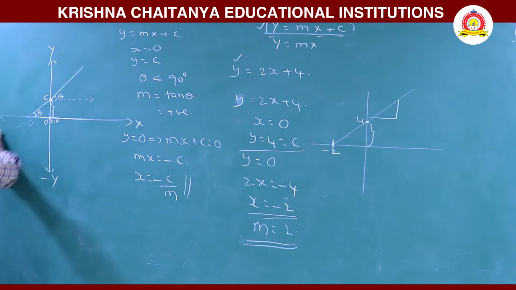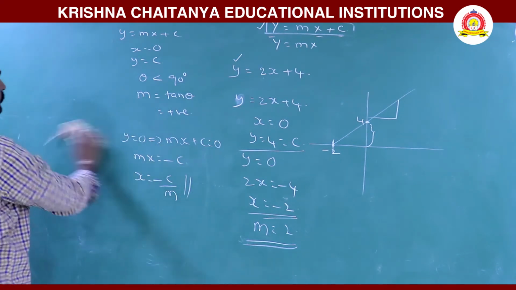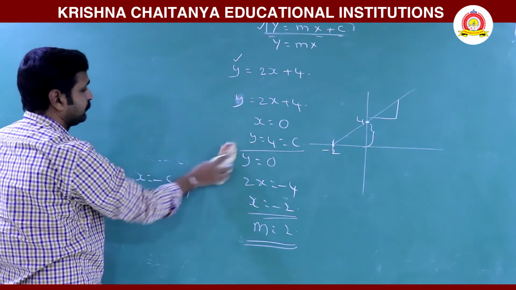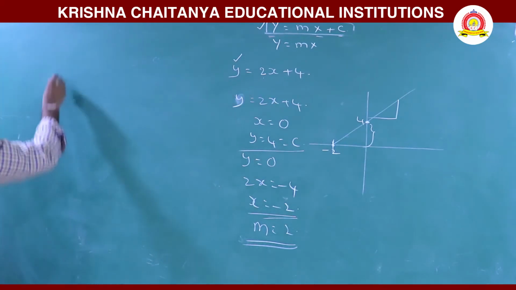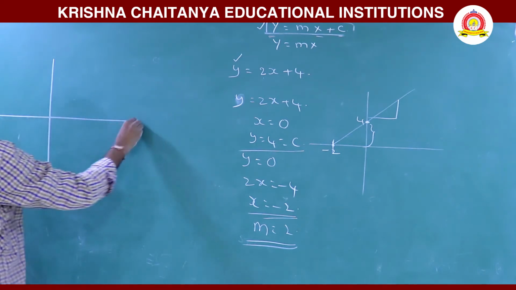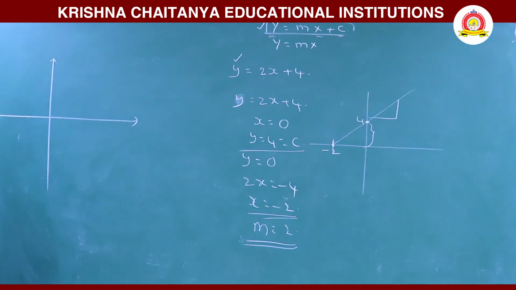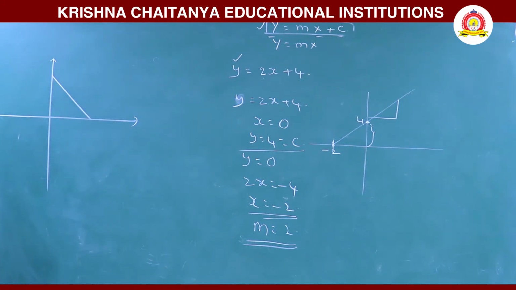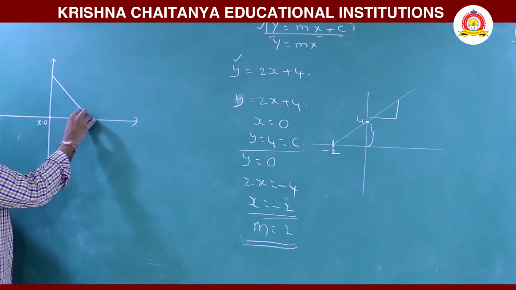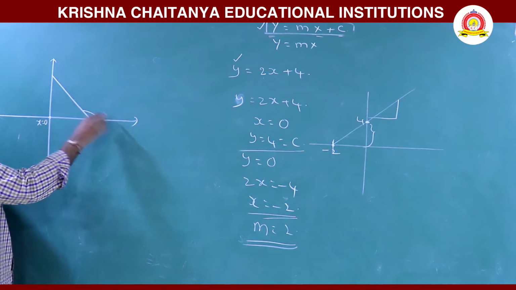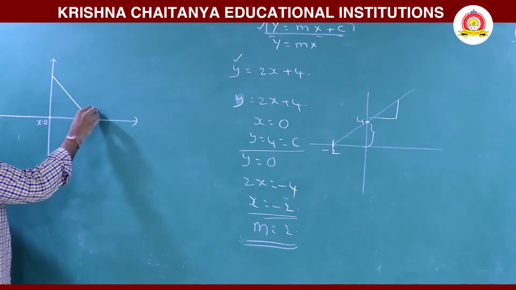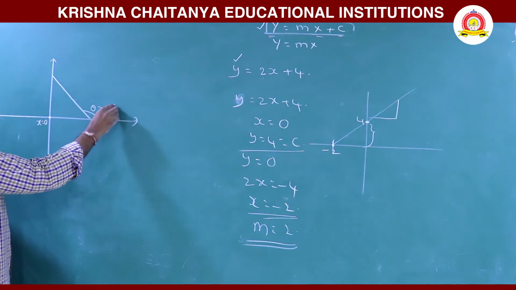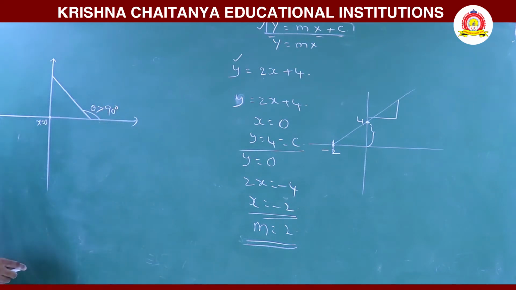Okay, now another graph. Here I will draw and explain. The graph is again a straight line. This is the xy coordinate system. Suppose a graph is represented like this. Now this is x is equal to 0. This graph makes an angle with the x axis which is greater than 90.